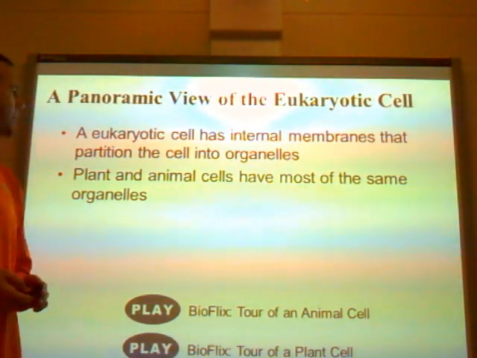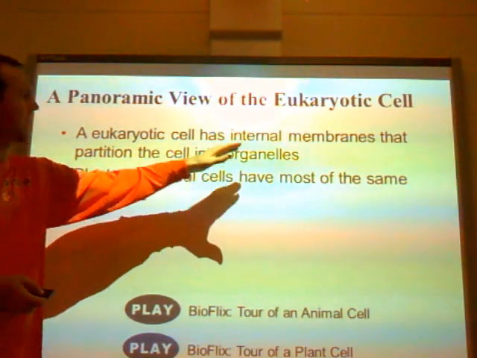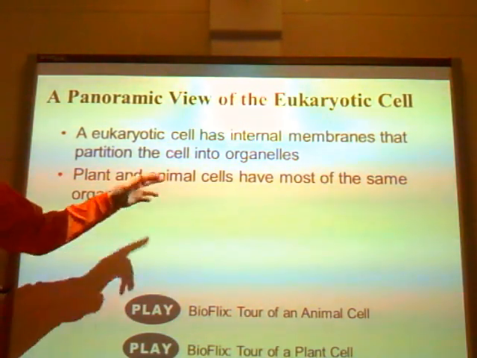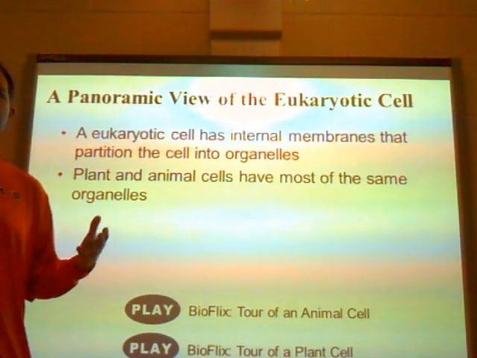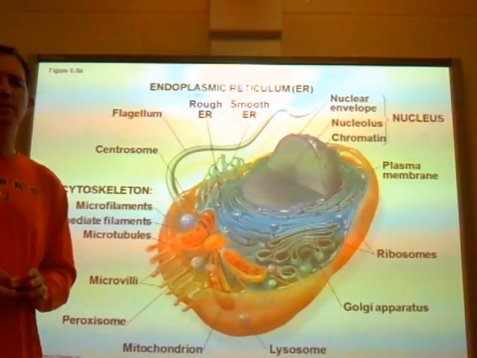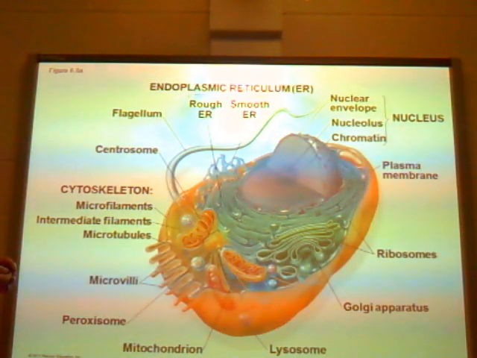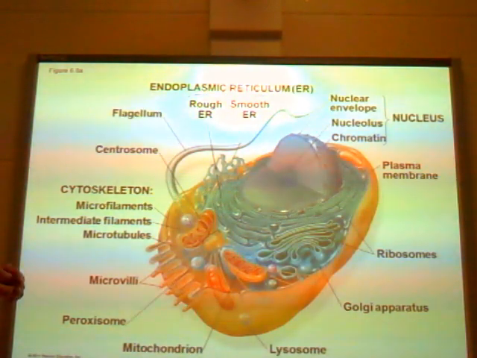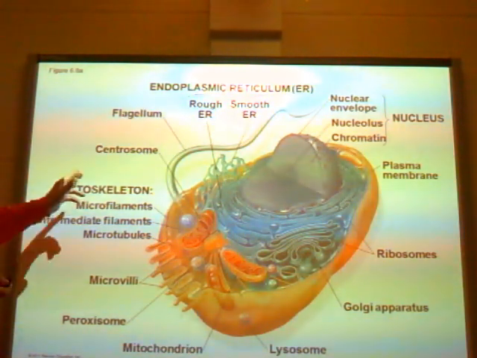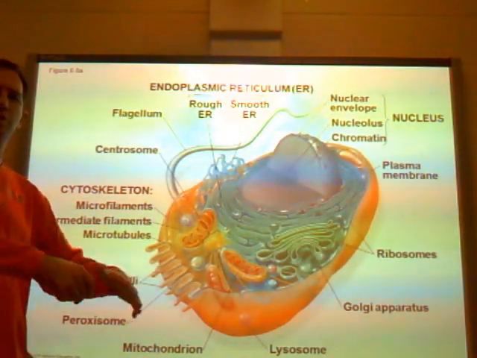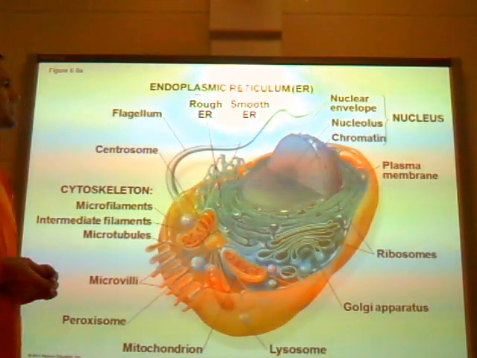So here we look at eukaryotic cells. They have membranes that partition the cell into organelles, and plant and animal cells have a lot of the same organelles. So here we look at a typical eukaryotic cell, and you can see there is a cytoskeleton here that is able to give structure and stability to the cell.